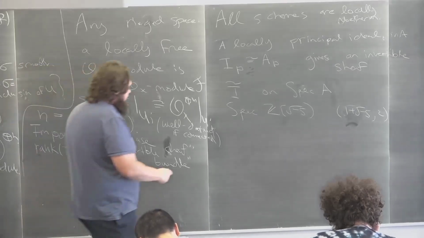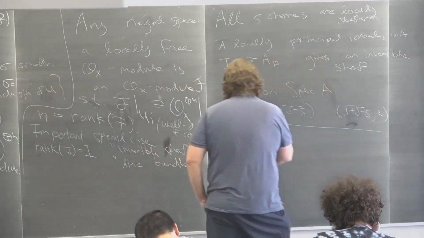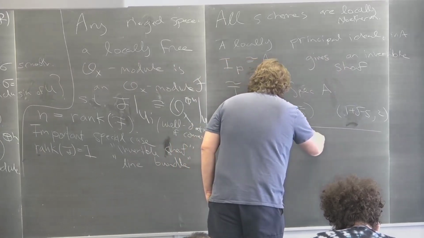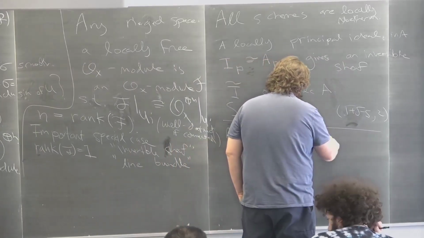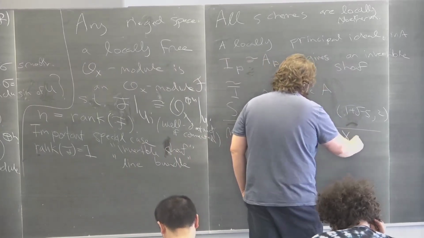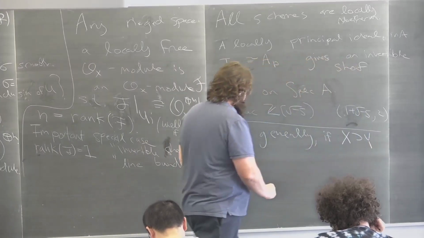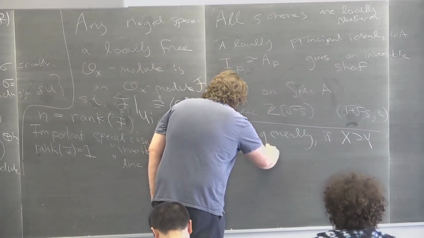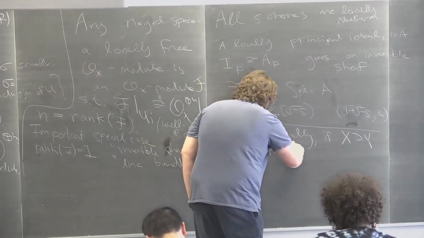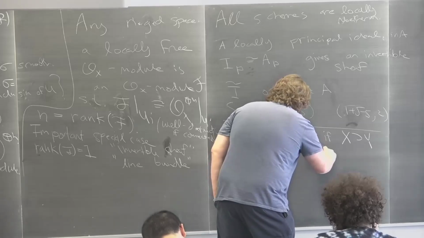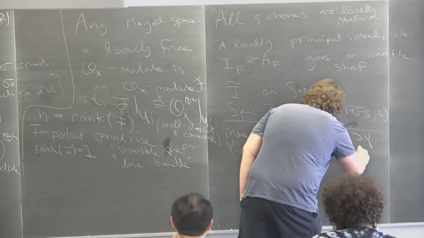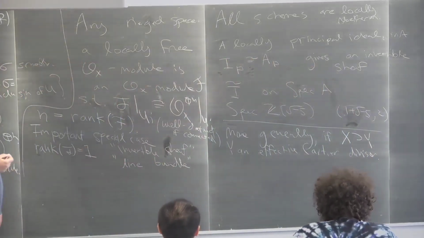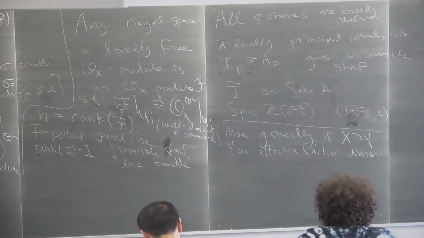All right, more generally, if I have a scheme X and I have in here an effective Cartier divisor Y, so this is the non-affine analog of a locally principal ideal.